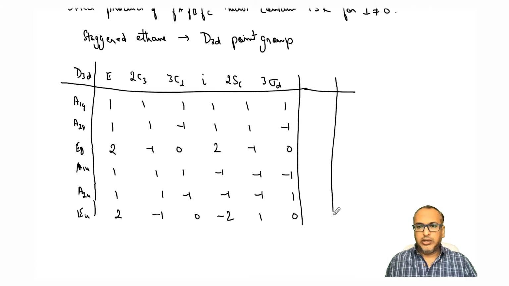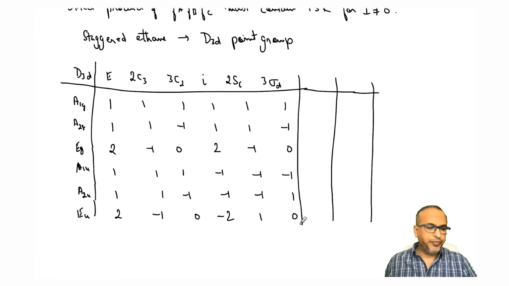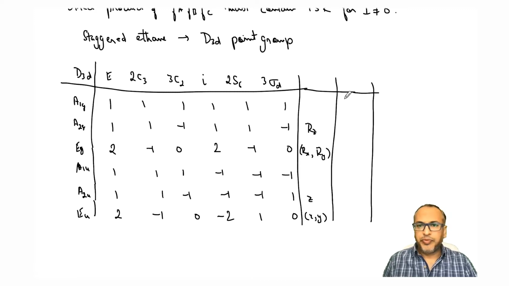Now if you look at these two areas here, you have the basis sets written here. My basis set here is Rz, Rx, Ry. Then I have z over here, xy. Then I have x square plus y square as well as z square.